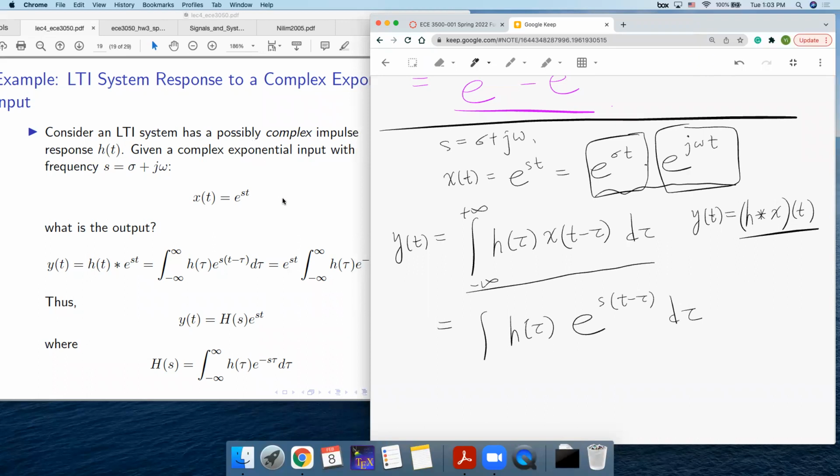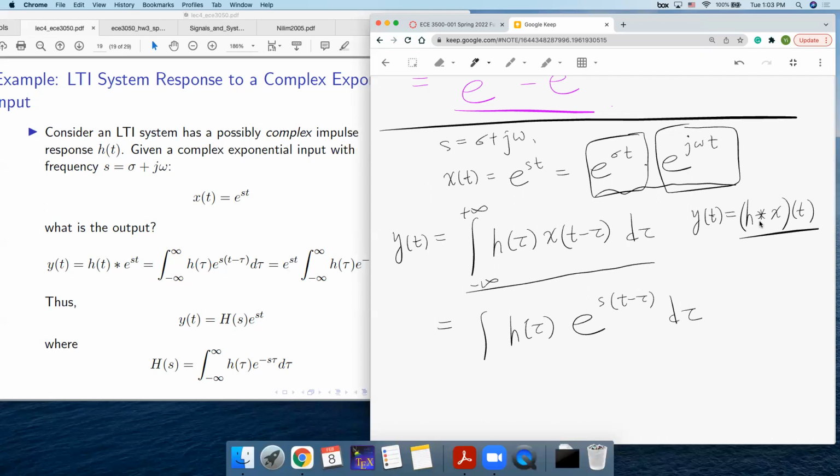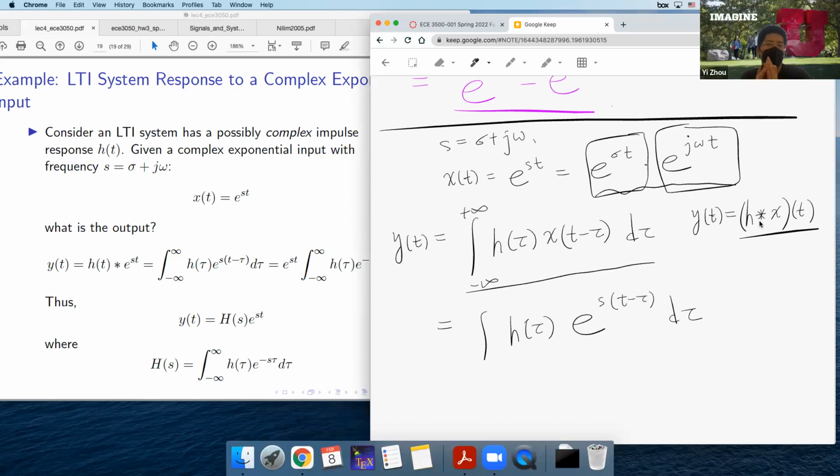In the previous slides, when we first introduced convolution, we looked at x convolved with h, so the order between x and h is reversed. But we know that convolution is commutative, so we can exchange the order between these two. Okay, thank you.